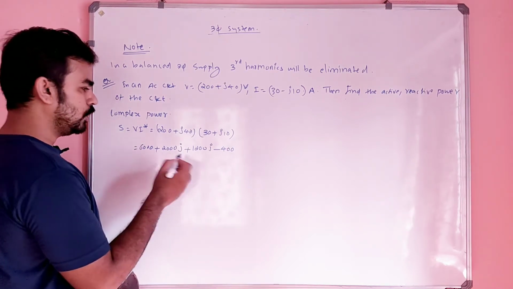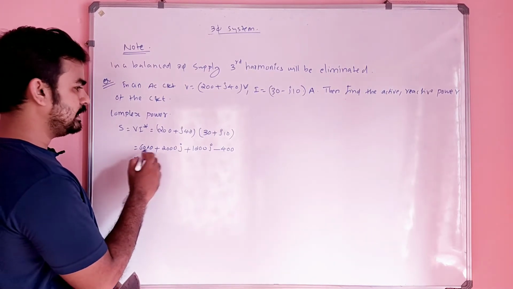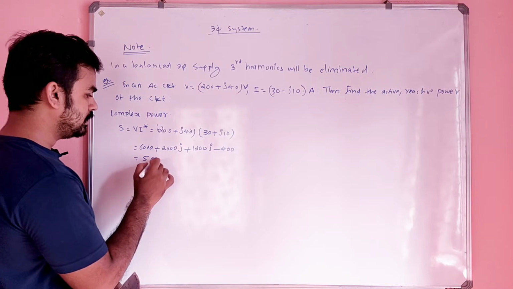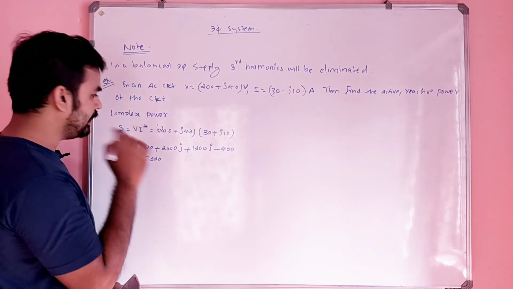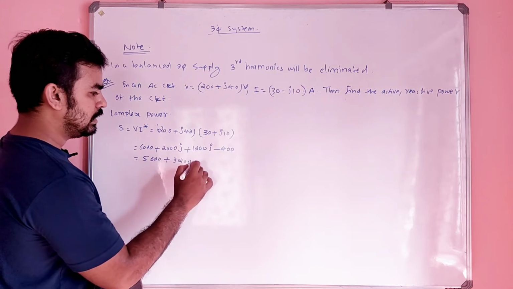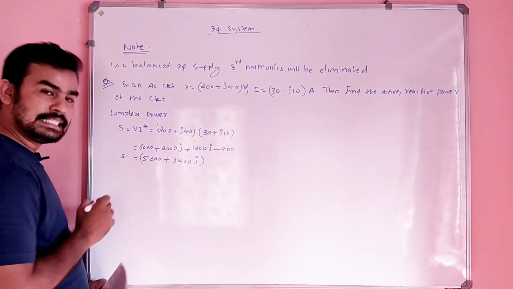So grouping the real and imaginary parts, I get 5600 plus 3200j. Clear?